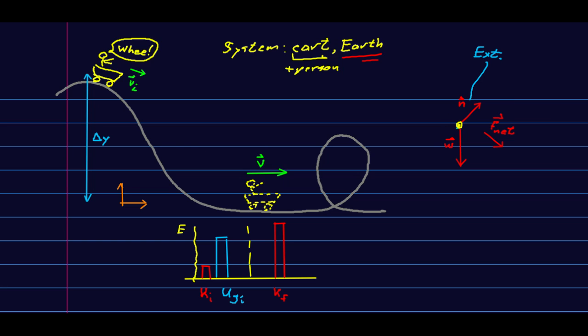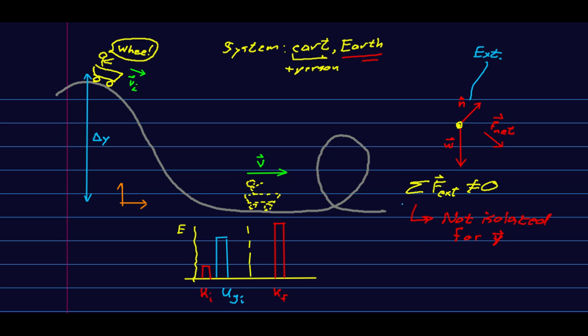But now look at what's going on. The sum of the external forces is not zero. That normal force is the only external force. And that single force certainly cannot add up to zero. So this system is not isolated for purposes of momentum.